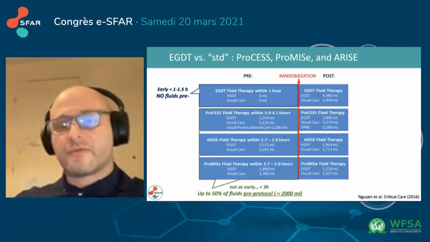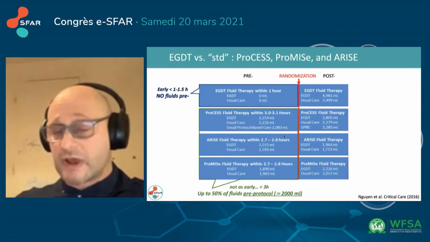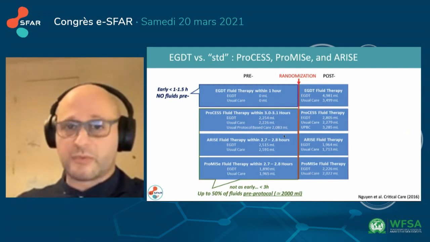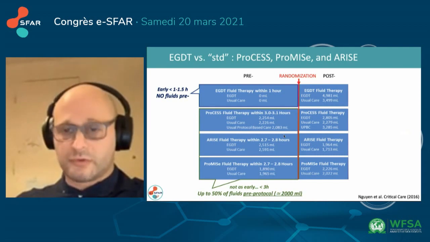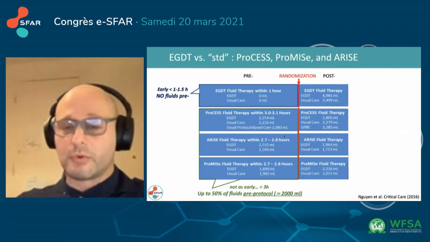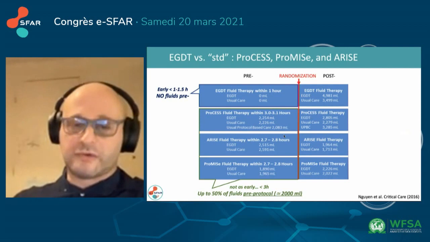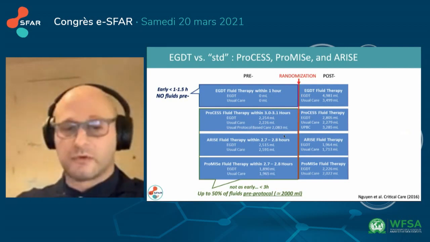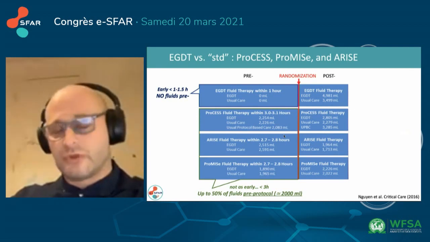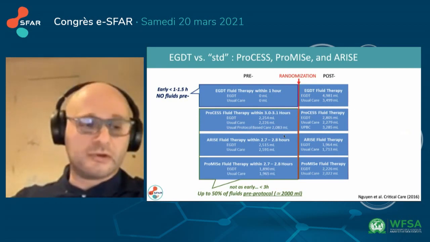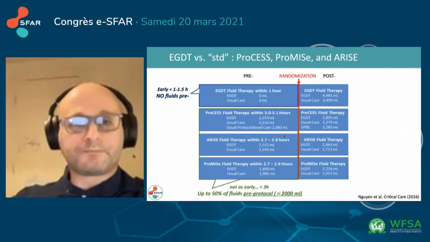And half of the fluids that were administered in the entire 6-hour time frame of the study were administered pre-randomization, pre-protocol. So both groups actually received a median of around 2 liters of fluids before being compared between EGDT and usual care.